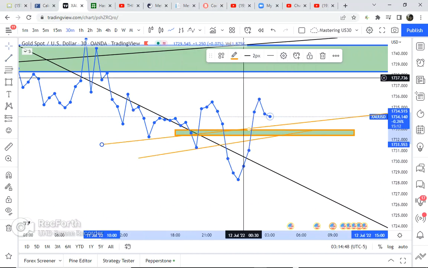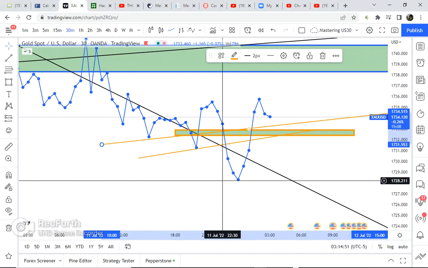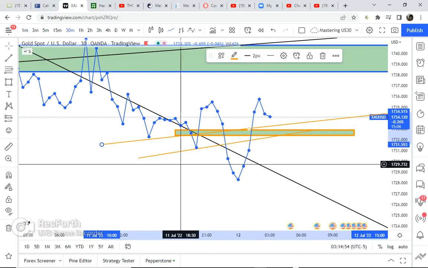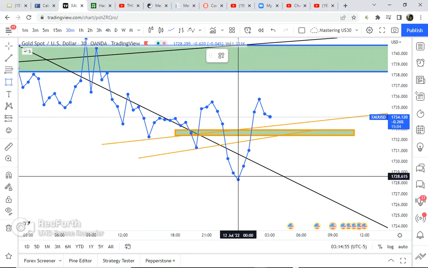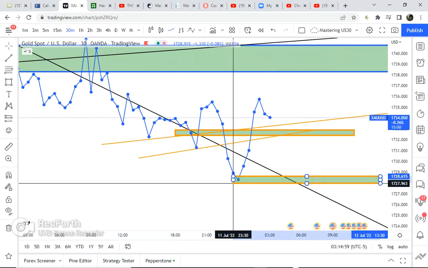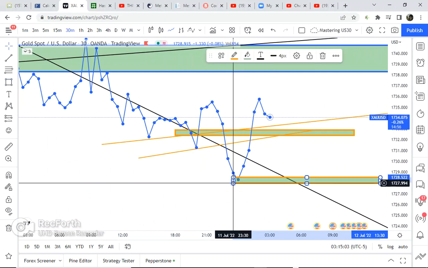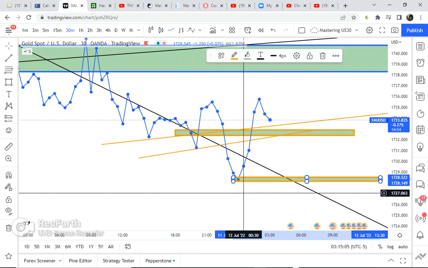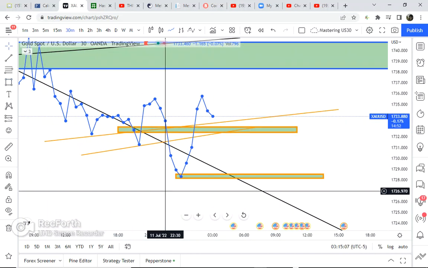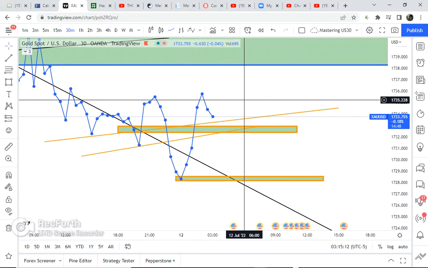And this area on the 30 minutes, this is the lowest low. The lowest time frame that I like to use is the 30 minutes. So we can look for this area as a target area and take profits. So I've already entered this trade actually, and I'm going to put my entry points on here.